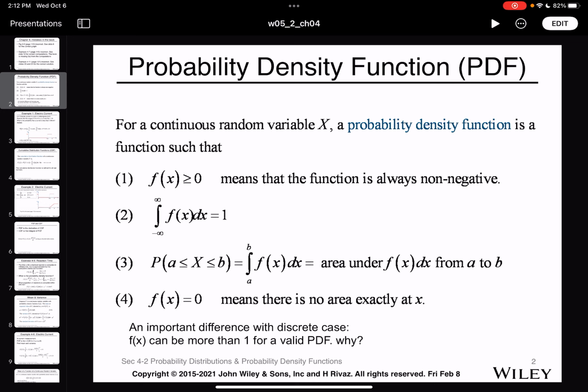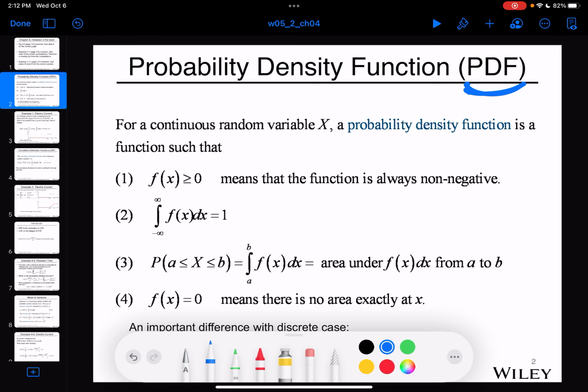So here, as I mentioned before, we have the PDF, right? In the previous chapter, we called it the PMF, probability mass function. And here we call it the probability density function, right?